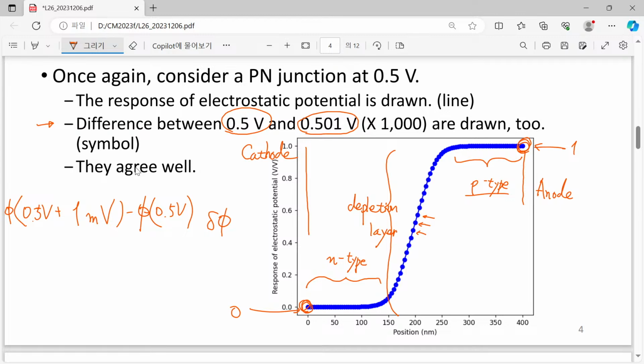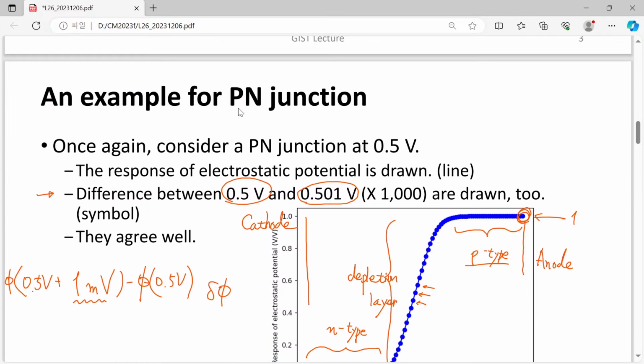Of course, since we have made just 1 millivolt difference, it is not fair to compare this difference with our calculated response, because our response is corresponding to a unit perturbation. Unit perturbation here means that since the unit of our electrostatic potential is voltage, it is corresponding to 1 volt fluctuation.